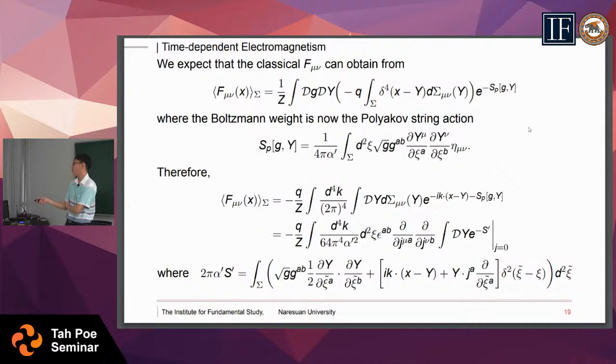Okay. Now what we need to evaluate is this expression here, and we are focusing on this functional integral, which is the integration of dy e to the power of S prime, where S prime is defined by this. You see that the first part is the Polyakov action, this part is from the Dirac delta function, and this part is from the source term.